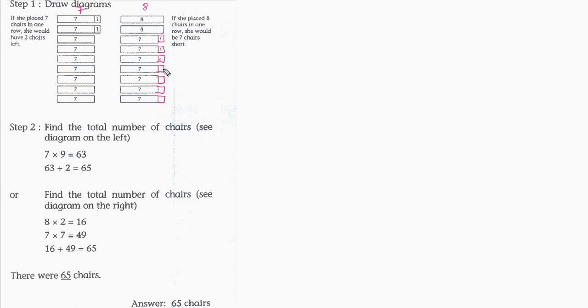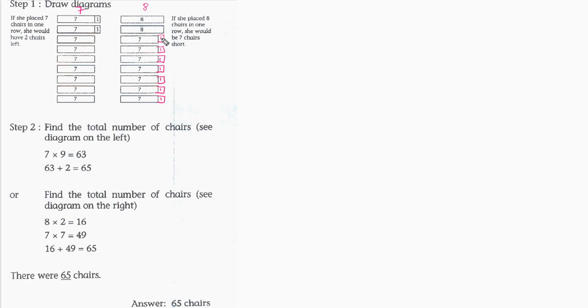Okay, and this is, if you thought of it this way, so you realized that 2 chairs extra would give you, in the 7 in a row scenario, 2 rows of 8, and that means you would have the 7 short.